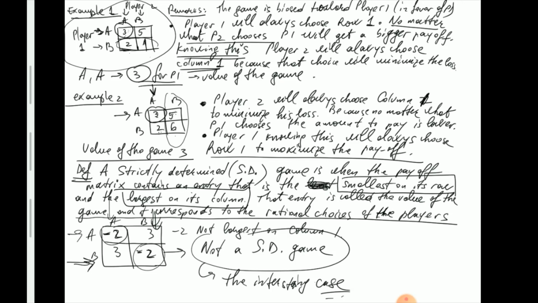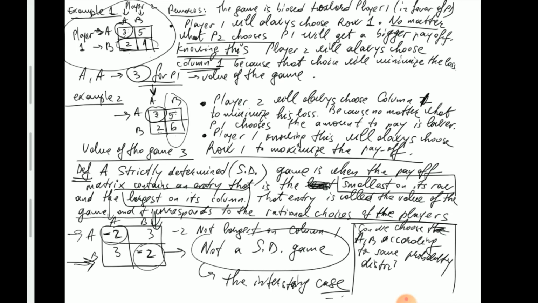So then here comes the question, and that's going to be the motivation for the remaining questions. Can one of these players choose the A and B, let's say, according to some probability distribution, so as to maximize the overall payoff?